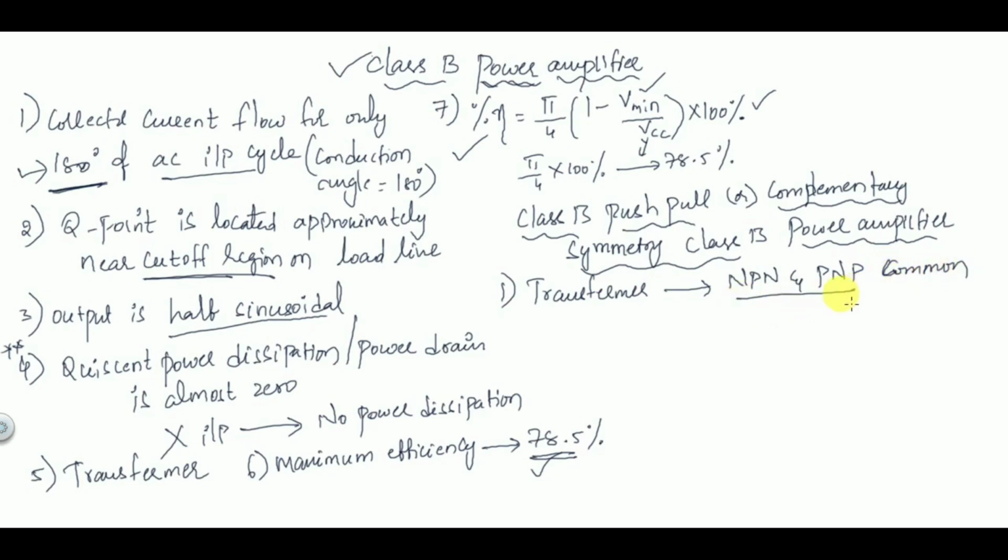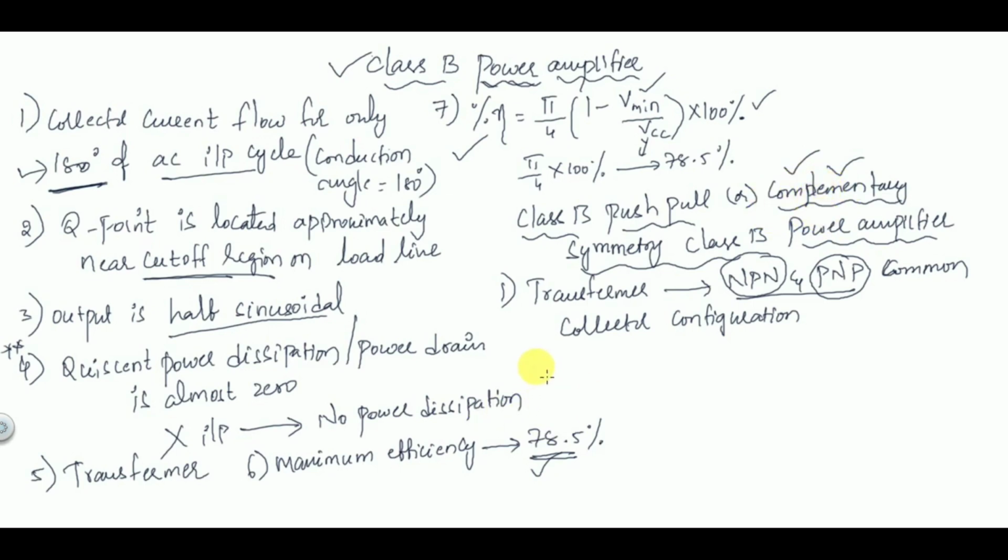Since we are using both NPN and PNP which are complement to each other, that is why this amplifier is called complementary symmetry class B power amplifier. Okay, so that is why we are giving this name to it.